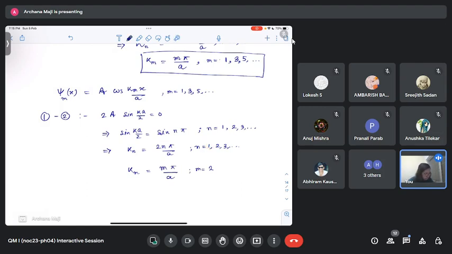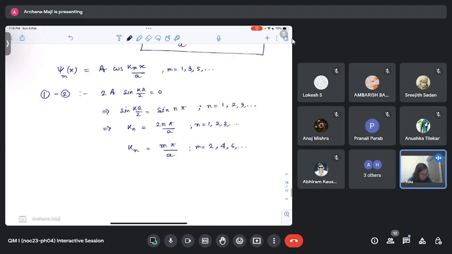So m is 2, 4, 6, even values. So basically psi_m of x is equal to B sin(k_m x) over a when m takes even values, 2, 4, 6 and so on.